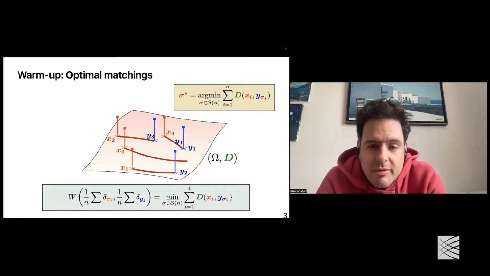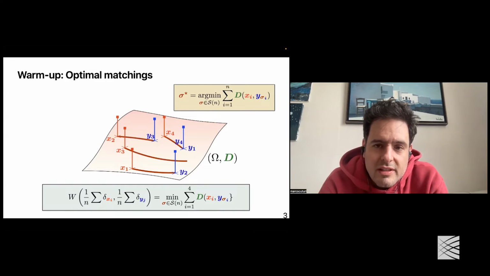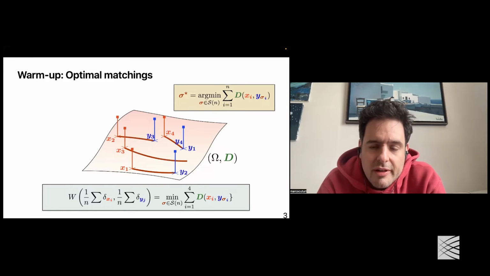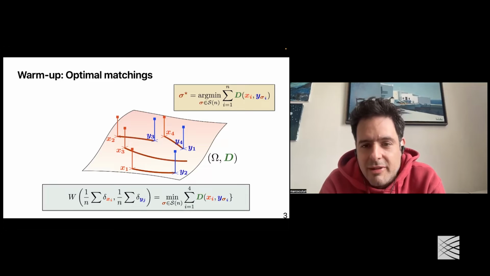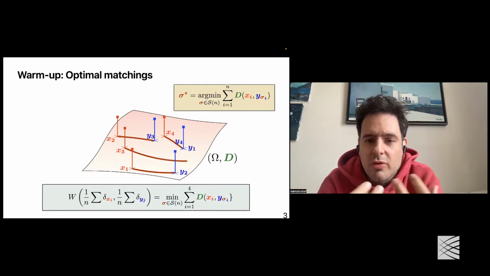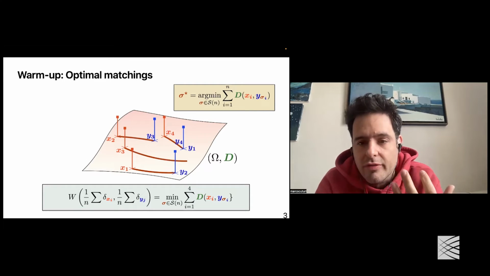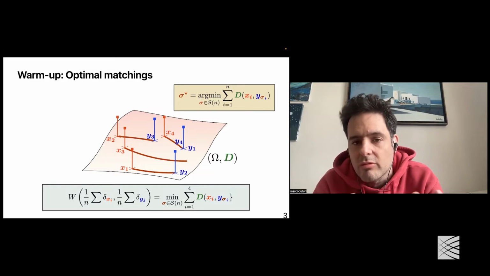And let me also say something on top of this drawing, which is that there are essentially two different objects that, of course, are intimately related: the optimal permutation, which gives you the instructions on who to match with whom, and the notion of optimal transport or optimal matching cost.